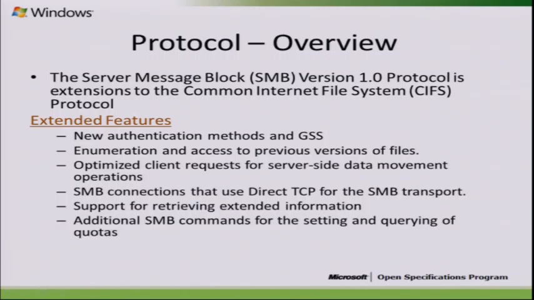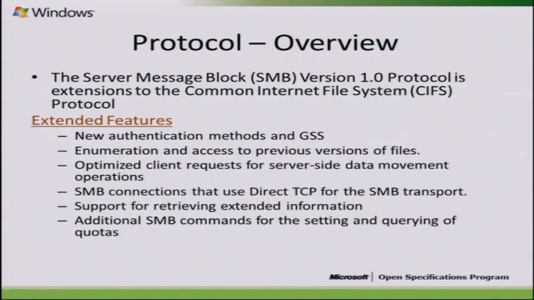SMB, as we know, is the extension to CIFS, which provides extended features. For example, it supports new authentication methods, such as Kerberos, which is added in SMB version 1. It also has a new command that can emulate and access previous versions of files.